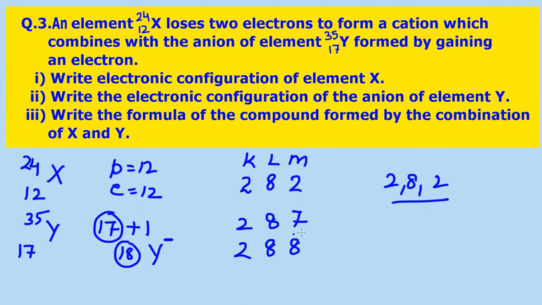And valency of Y is 1. Why? Because it has 7 electrons in its outermost shell. So to complete its octet, it needs only 1 electron. It means 2 atoms of Y can combine with the atom of X. So this can be the formula of the compound formed by the combination of X and Y.